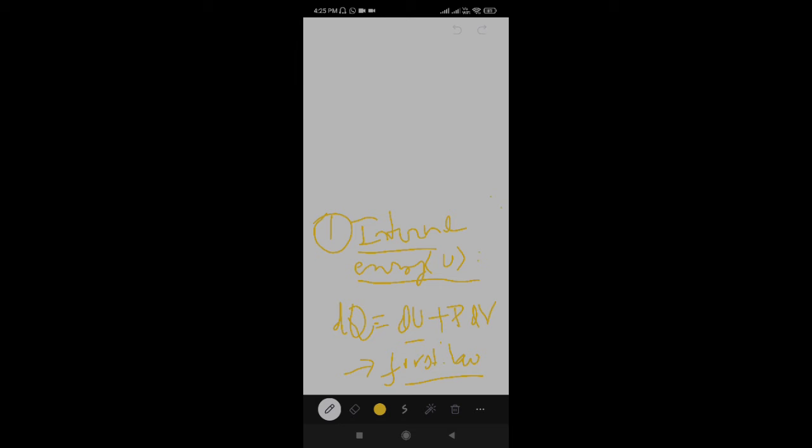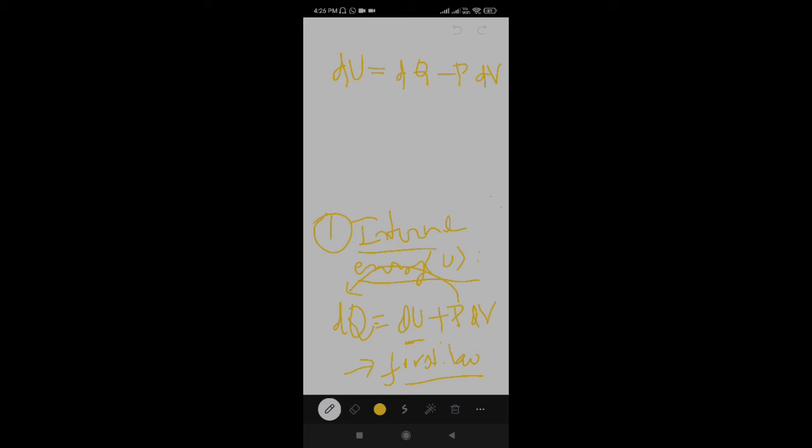So from this first law, you take this PdV to this side, then dU = dq - PdV. This is the expression for dU.